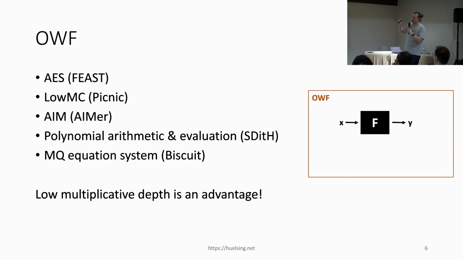The problem is, I think LowMC is now at version 3 because this was broken several times, and AIM is also already at version 2, and this is much newer. So there's this tendency that people make it too easy when they are designing these low-depth ciphers. And so this is a bit risky.